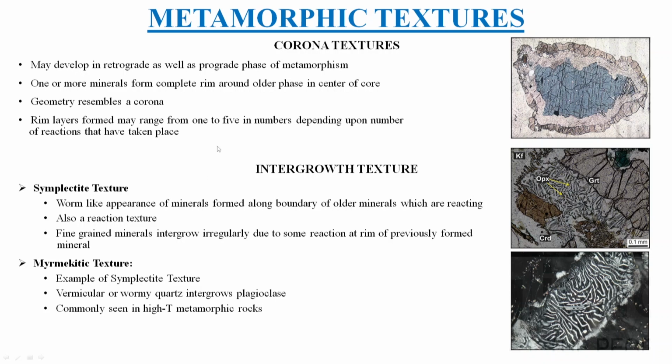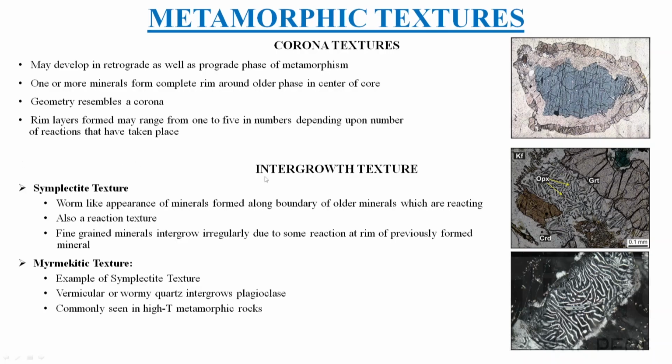Its geometry resembles a corona, and corona can also form in igneous processes. The rim layers formed may range from 1 to 5 in number depending upon the number of reactions that have taken place between the minerals. So, there could be 2, there could be 5 minerals present in that.